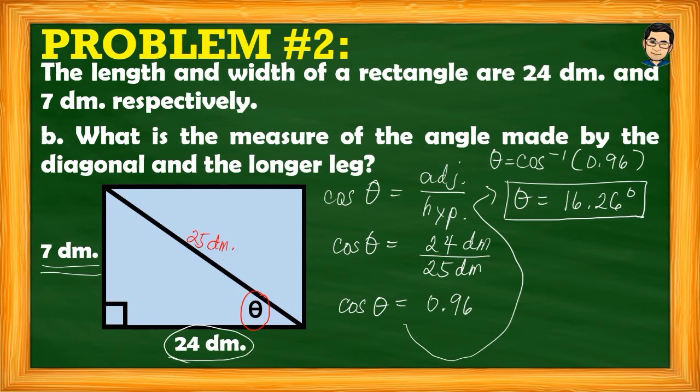So, kung mapapansin nyo, yung opposite side niya is 7 decimeters, opposite nung shorter leg, yun yung shorter angle. So, kabaliktaran naman, yung opposite nung shorter angle is yung shorter or shortest side.